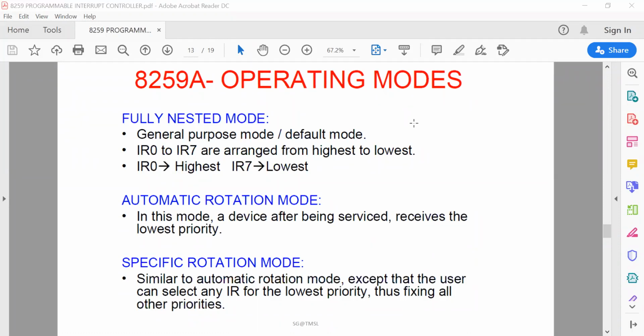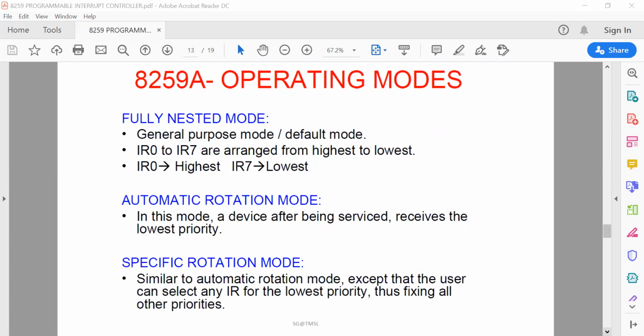So that means you have set one IR, meaning the user can select any IR line as the lowest priority, so the next line will get the next higher priority. In this way it will be rotated, so one IR line has been fixed so that other lines can be adjusted in this way. That's why it is called the specific rotation mode.